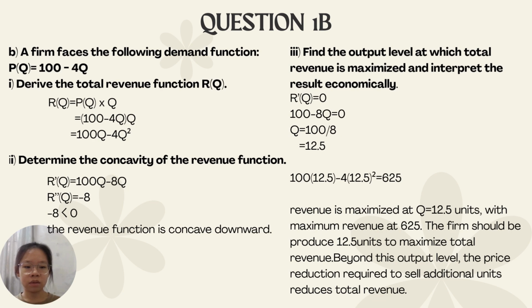Revenue is maximum at Q equals 12.5 units, with maximum revenue of 625. The firm should produce 12.5 units to maximize total revenue. Beyond this output level, the price reduction required to sell additional units reduces total revenue.